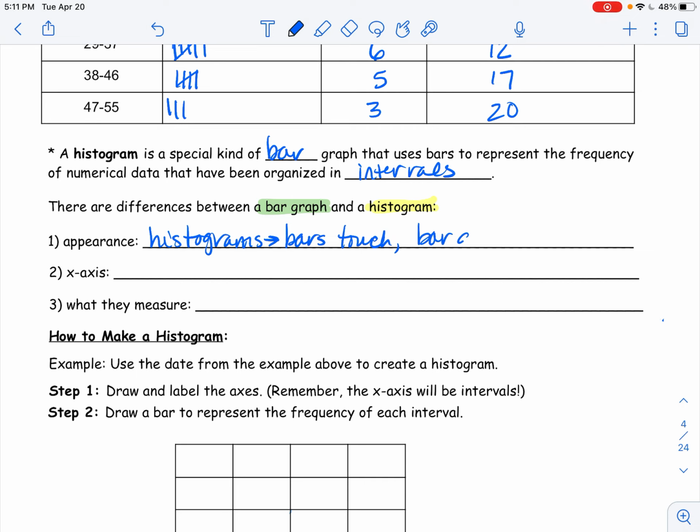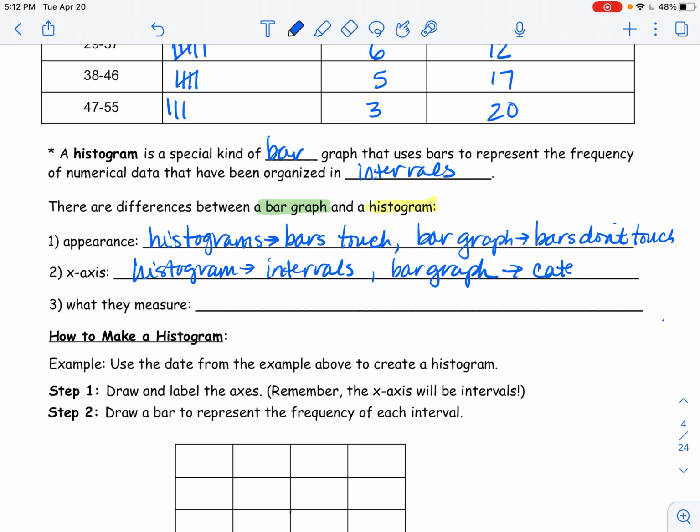In a bar graph, they don't. The x-axis on a histogram has intervals. On a bar graph, categories.